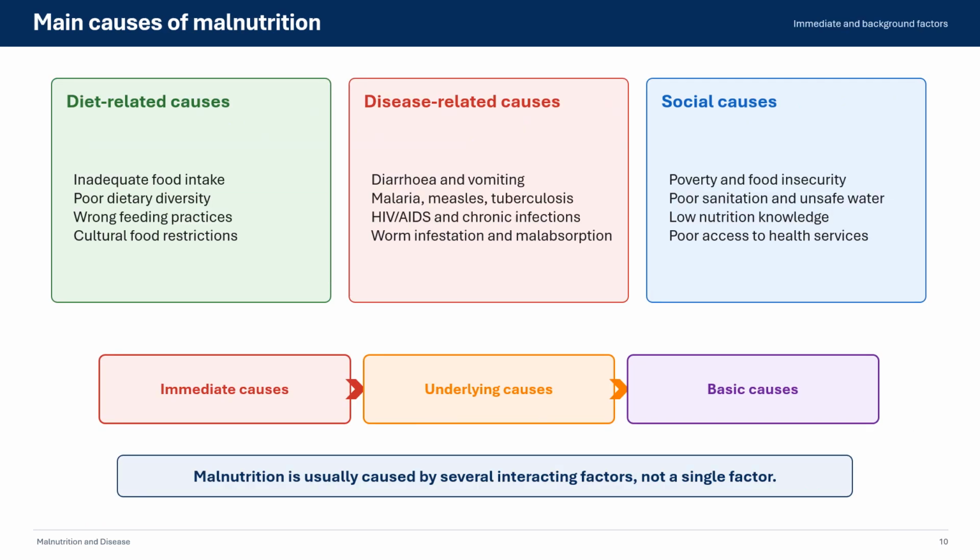Therefore, malnutrition is caused by several interacting factors, which can be diet related, such as inadequate food intake, poor dietary diversity, wrong feeding practice, etc. Or it can be disease related, such as diarrhea, vomiting, malaria, measles, tuberculosis, and so on, that prevent absorption of nutrients or impair body metabolism.